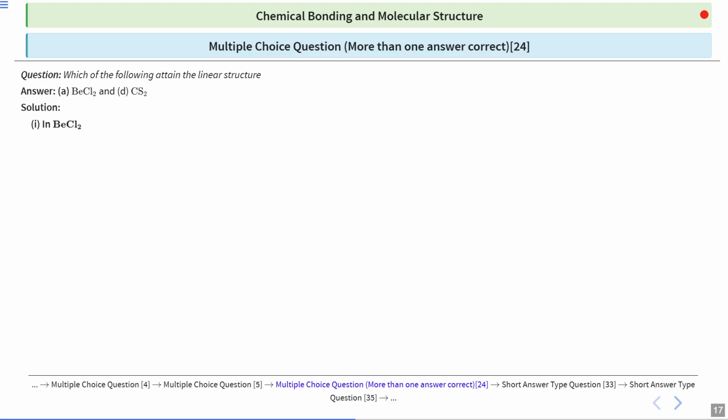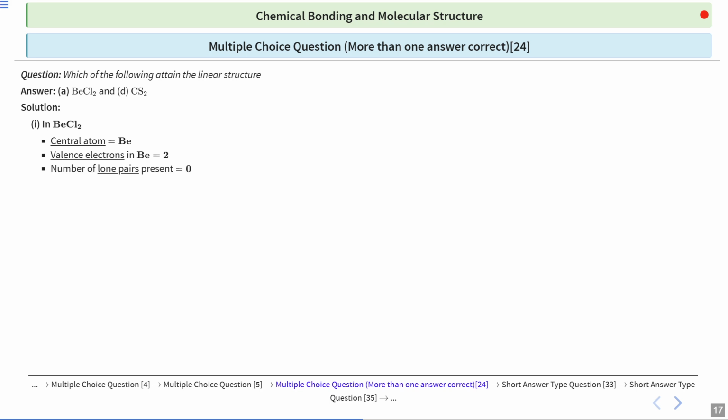If you consider the BeCl2, then in BeCl2, the central atom is Be. Why are we taking Be as the central atom? Because it is less electronegative. Now, the valence electron in beryllium is 2.